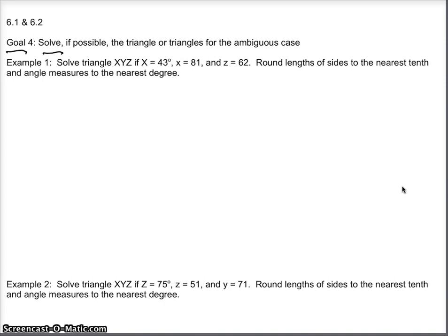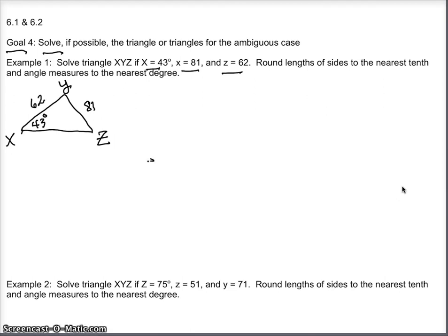We don't know if this is an acute triangle, a right triangle, an obtuse triangle, equilateral, or isosceles. So I would just draw any triangle and label the angles X, Y, and Z, and then appropriately label the given parts. So angle X is 43 degrees. Side x, the side opposite angle X, is length 81. And side z, the side opposite angle Z, is 62.